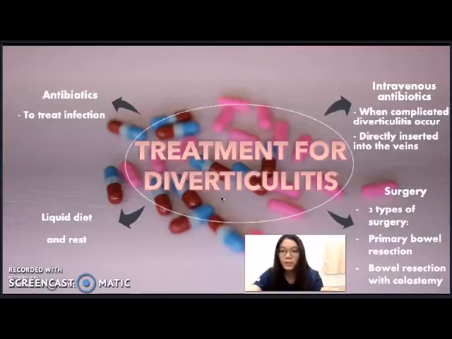Another surgery is bowel resection with colostomy. If the patients have so much inflammation that it is not possible to rejoin the colon and rectum, the surgeon will perform a colostomy. An opening in the abdominal wall is connected to the healthy part of the colon. Waste passes through the opening into a bag.